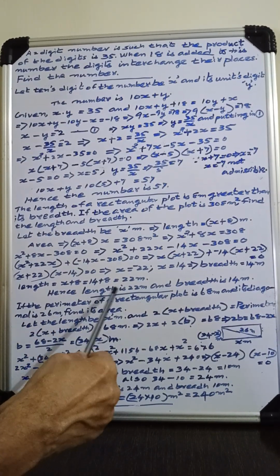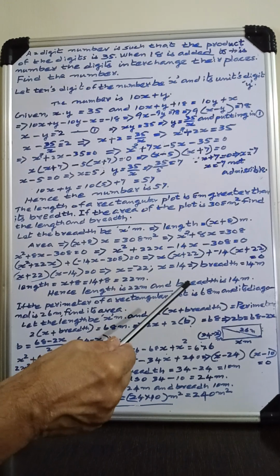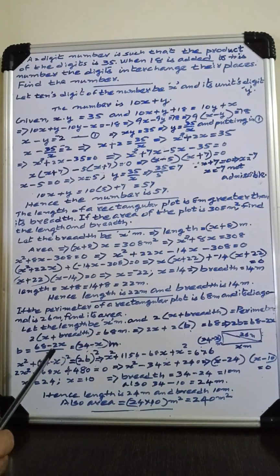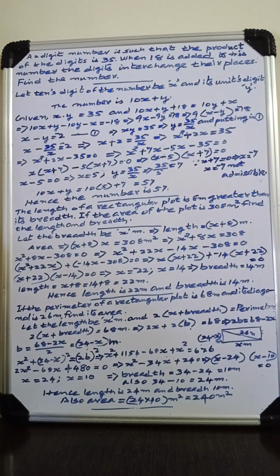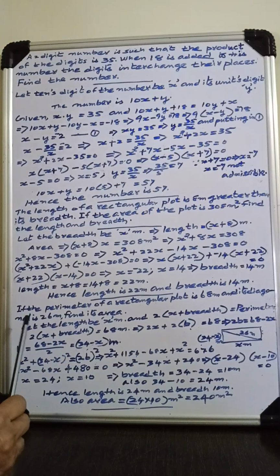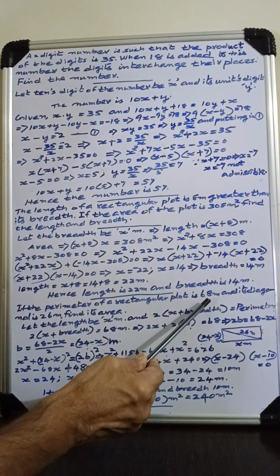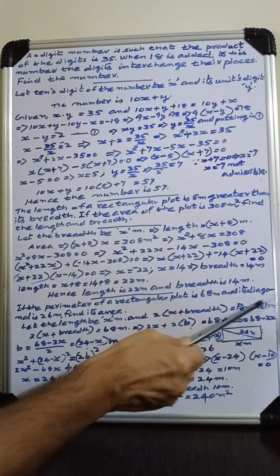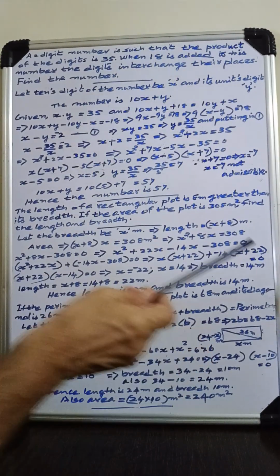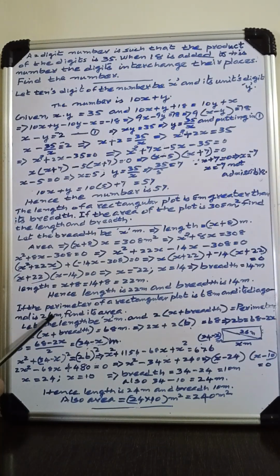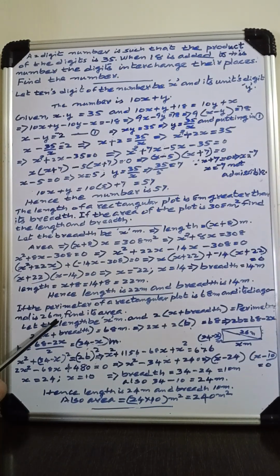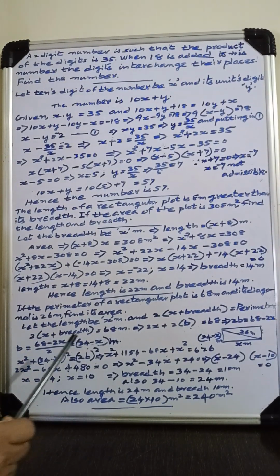Hence, the length is 22 meter and breadth is 14 meter. Next question. If the perimeter of a rectangular plot is 68 meter and its diagonal is 26 meter, find its area.